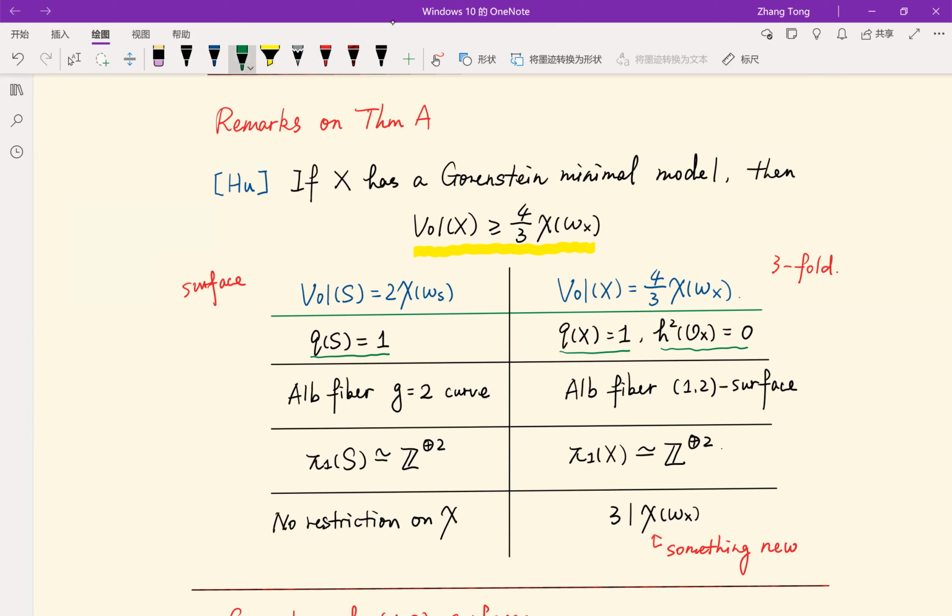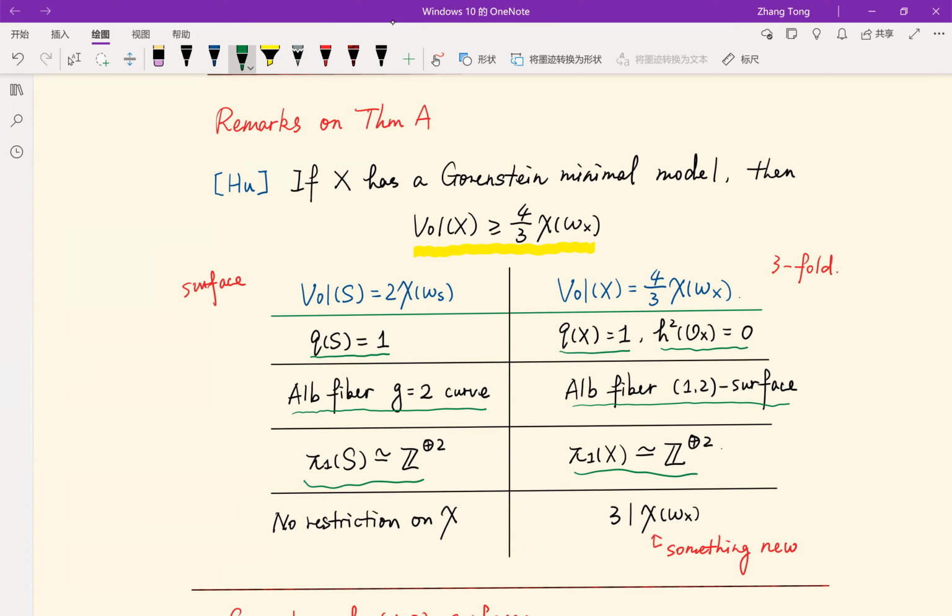And in the extremal case for the surface, if we consider its Albanese fiber, it's a genus 2 curve. And for the threefold, the Albanese fiber is a 1-2 surface, as we have explained. Another similarity is about the topological fundamental group. You can compare them, and they are almost the same.